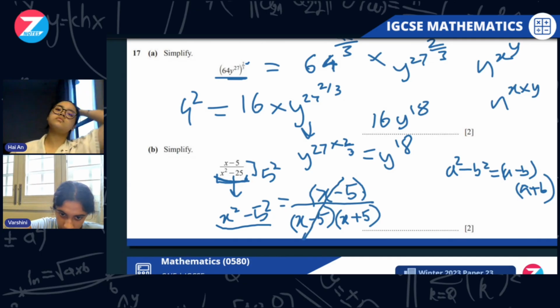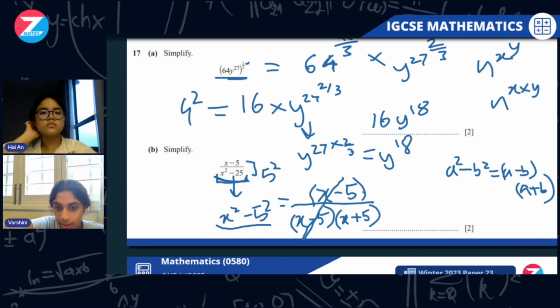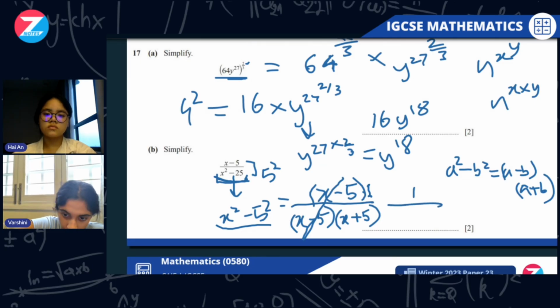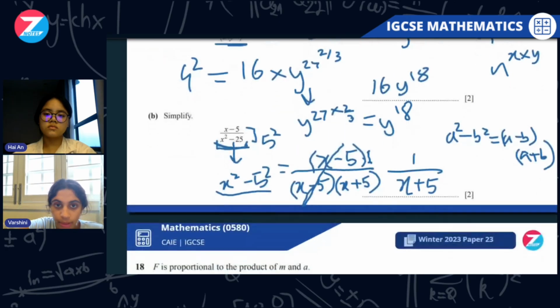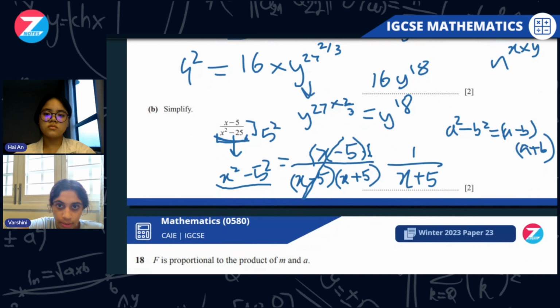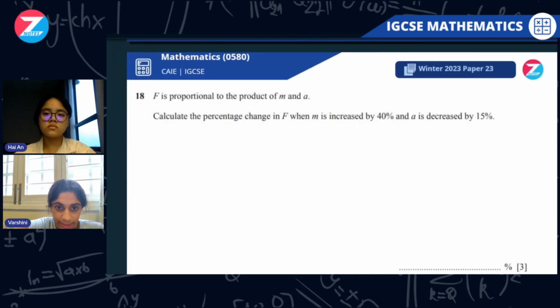If we divide it, it's just going to be 1. And remember, that doesn't give us 0 on the numerator, that gives us 1, because it's being multiplied into 1. If it were being multiplied into 0, that would just be 0, which is not what the fraction is. So if we cancel these out, that's just going to be 1 by x plus 5, which is our answer.